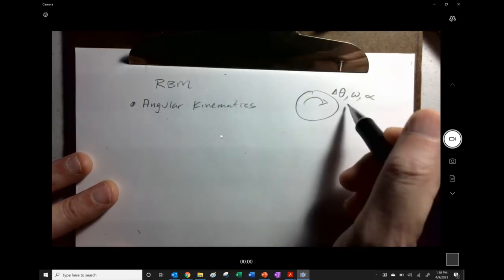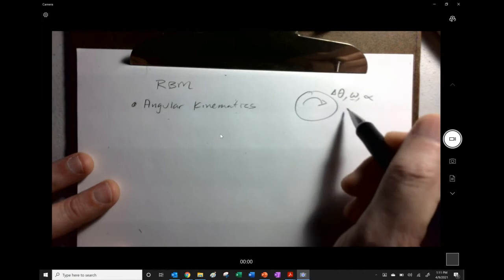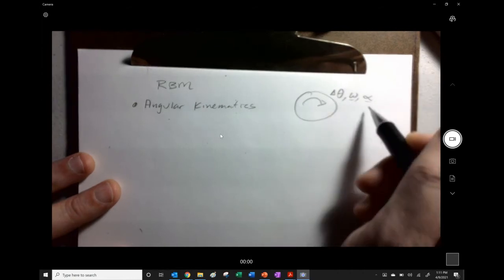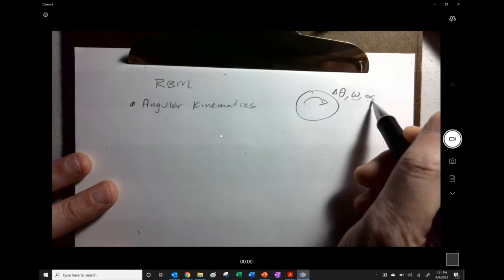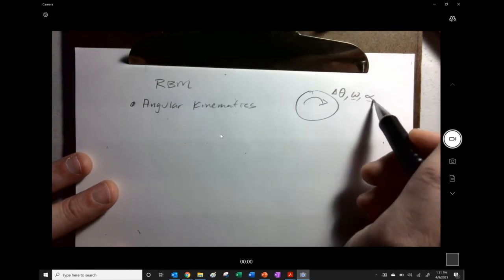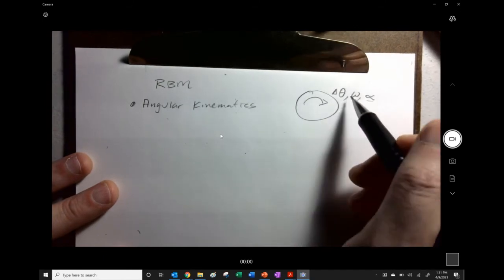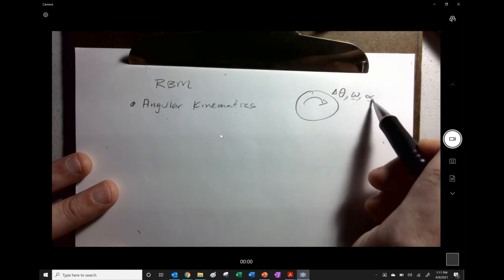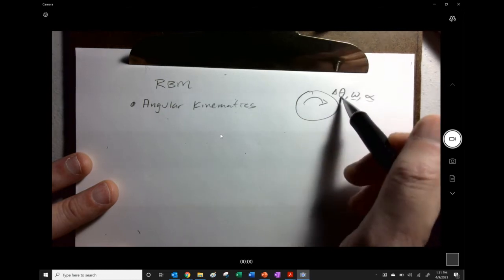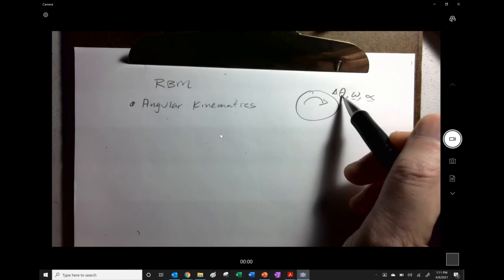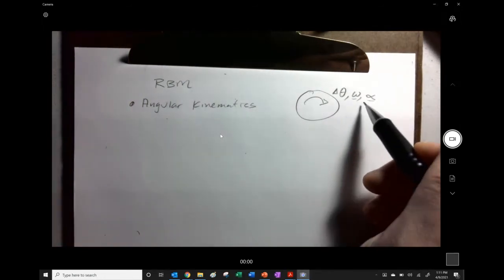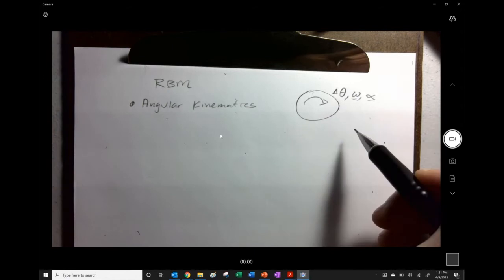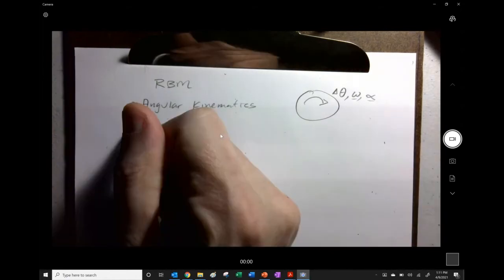And you have to remember that we can either have constant angular velocity, or constant angular acceleration, or they could vary. The angular acceleration could vary as a function of time, as a function of theta, or as a function of omega. We didn't spend a lot of time on this, but we did spend some time on it.